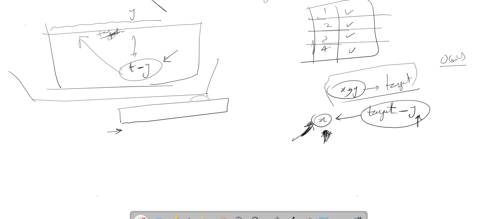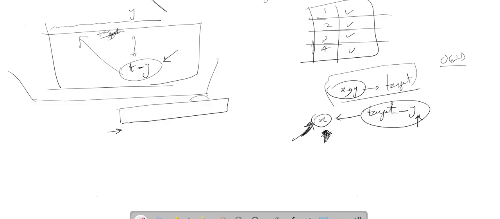The question I was thinking of was, what if we are asked for the count of all such pairs where their sum is equal to target, right?